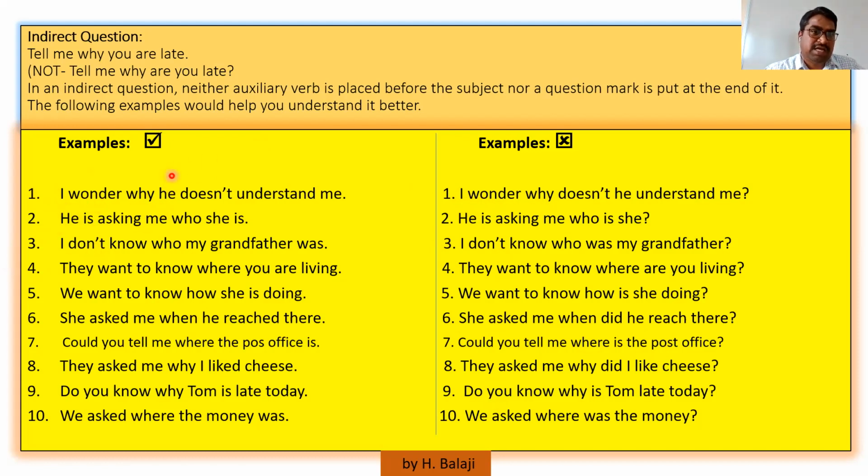This is the right way. This is the correct way of making questions, and this is the incorrect, wrong way of making questions, right? Hope you learned something new in today's short session.